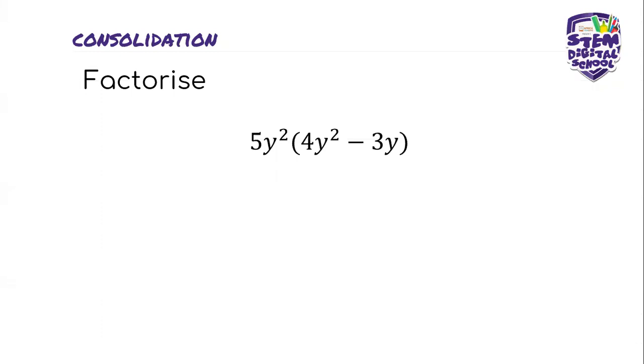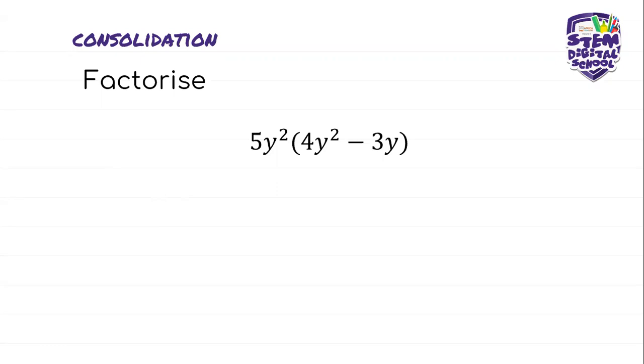So up to so far, what we need to do is multiply 5y to the power 2 by everything inside the bracket. 5 times 4 is 20. Then y to the power 2 times y to the power 2 will be y to the power 4.